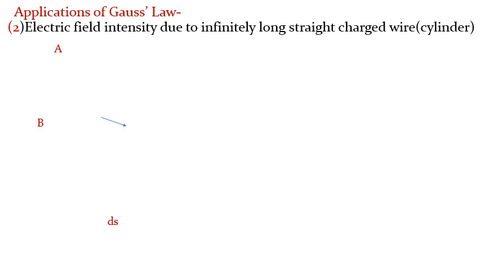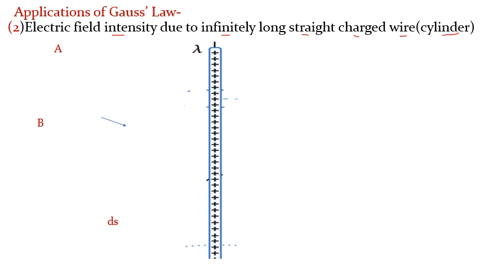Second application, to find out electric intensity due to an infinitely long straight charged wire. The wire is in the form of a cylinder, that's why a charged cylinder. This is that charged cylinder whose length is very large, and on this, see, these positive charges are deposited. We have to take this fact into consideration.